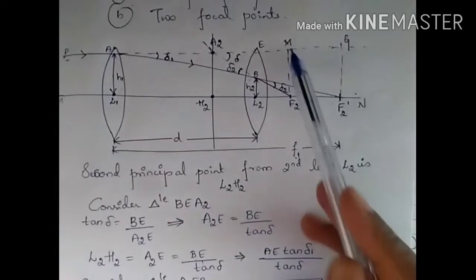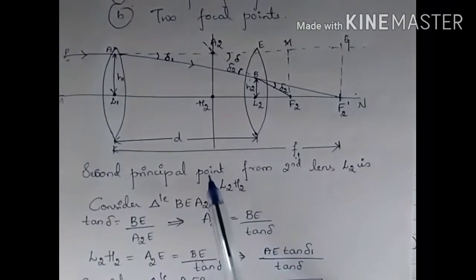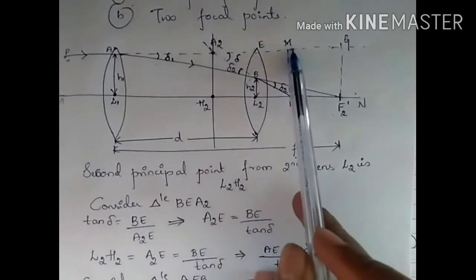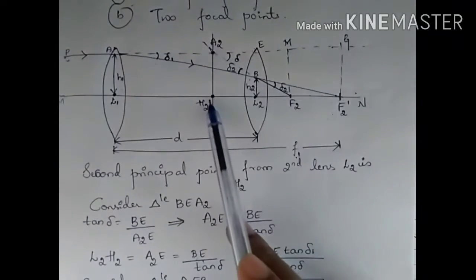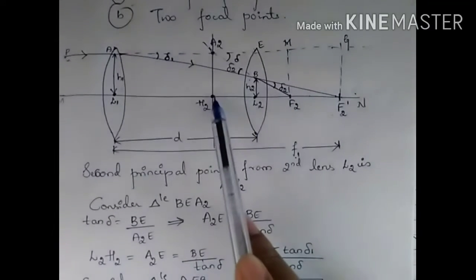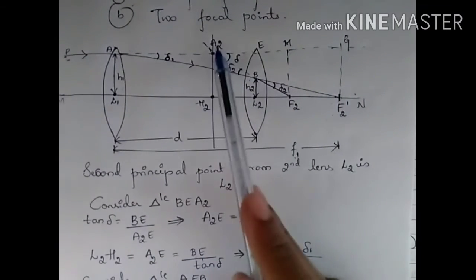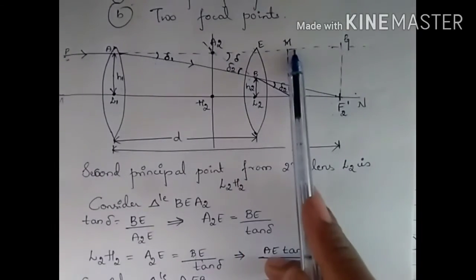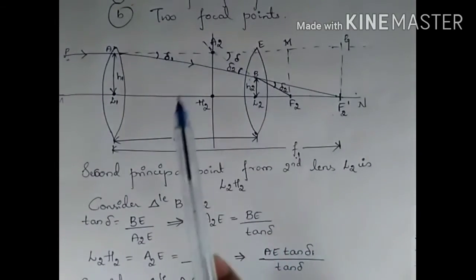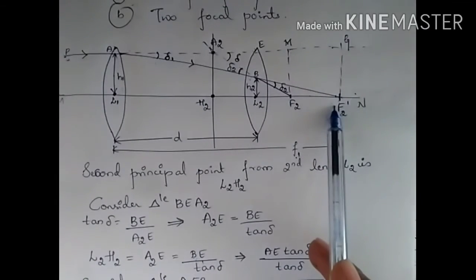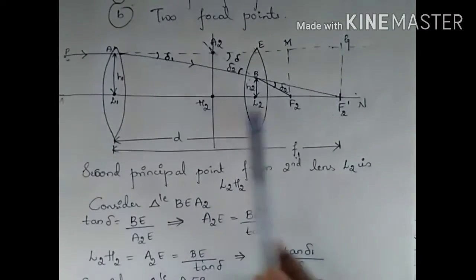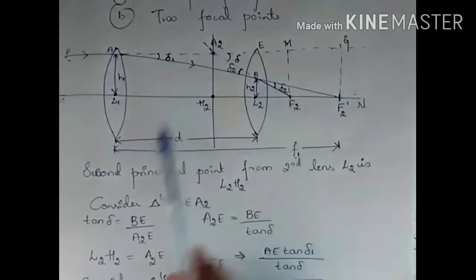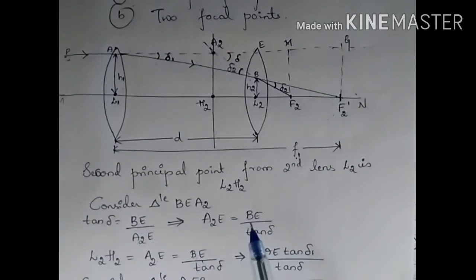This again has the distance h1. What is left is A2M. A2M is unknown to us, but A2M can be written as H2F2, where H2 is the second principal point. With the diagram we can write A2M as H2F2. So from the diagram it is clear that GF2 prime is h1, MF2 is h1, A2M is H2F2 and AG is F1. Let us substitute all this in the equation.